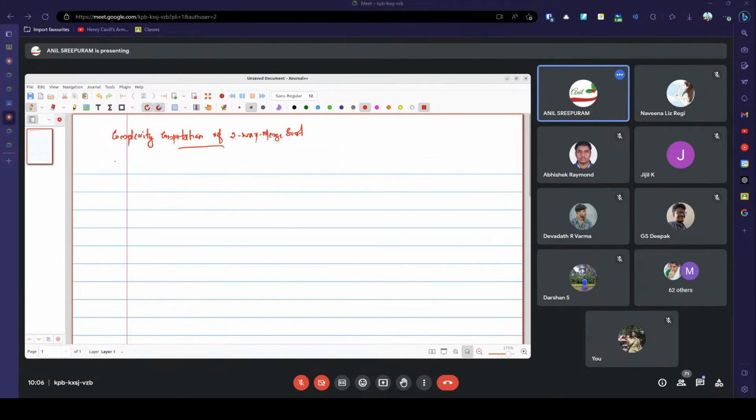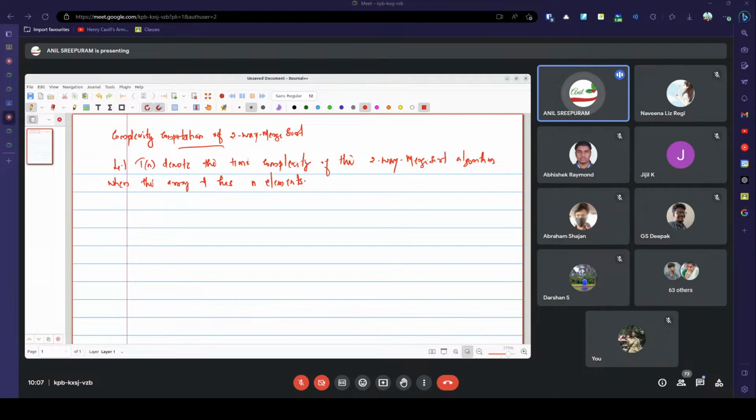Let Tn denote the time complexity of the two-way merge sort algorithm when the array A has n elements. So this is our notation. Tn denotes the time complexity of the two-way merge sort algorithm.